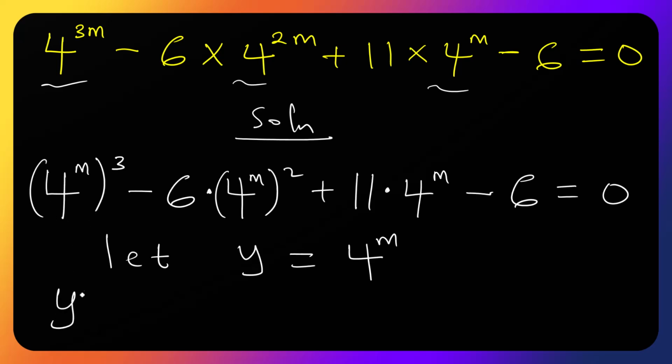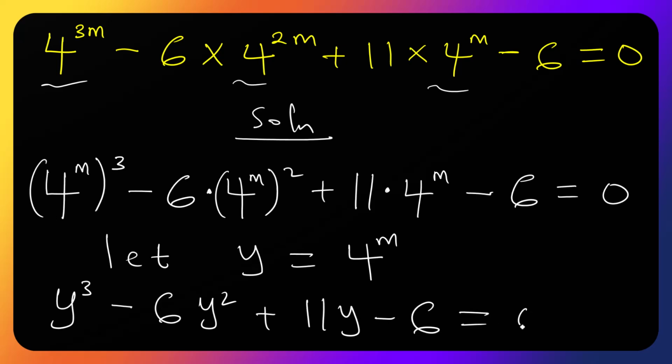So I have y cubed minus 6 y squared plus 11y minus 6 equals 0. Okay, so let me repeat it here.